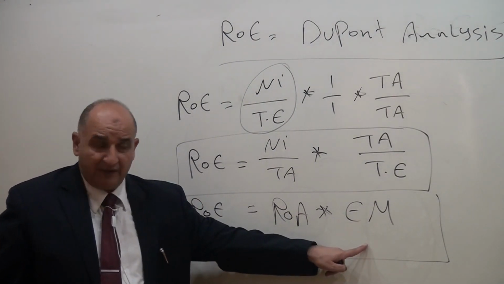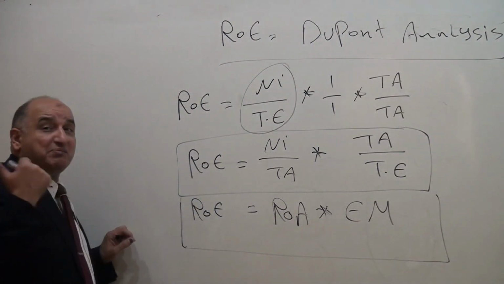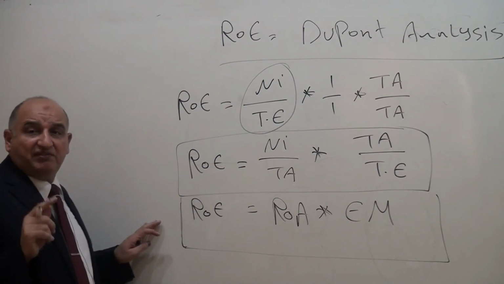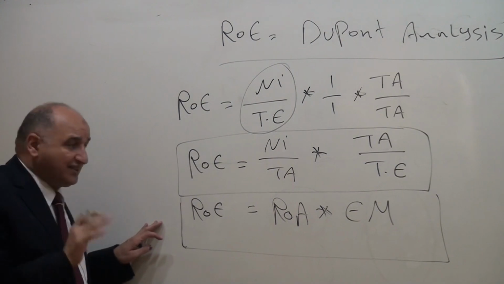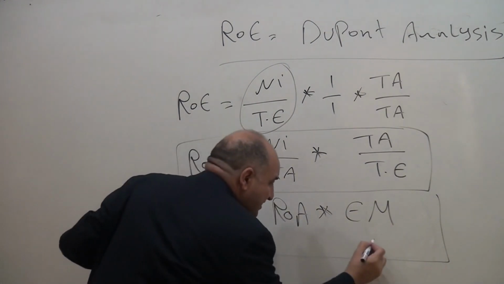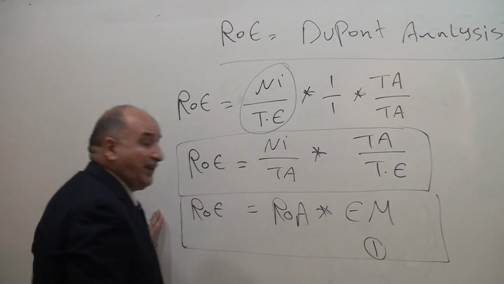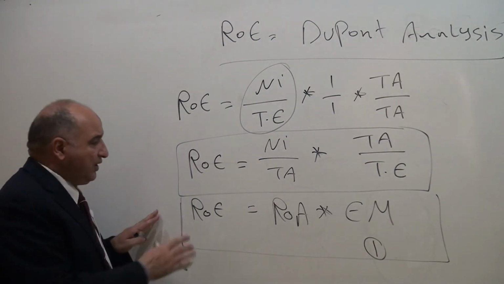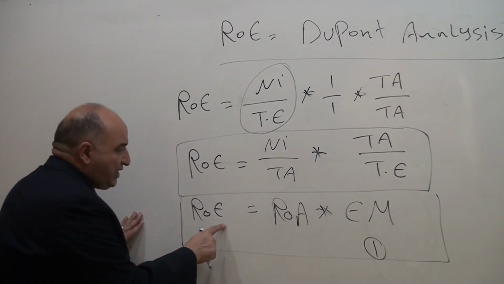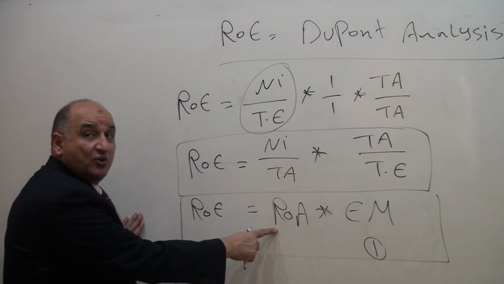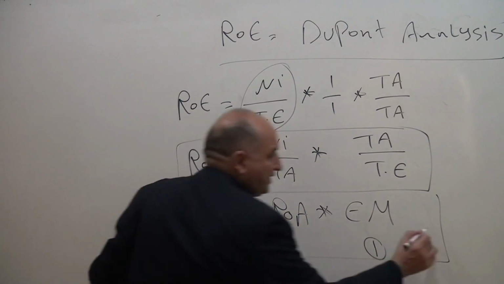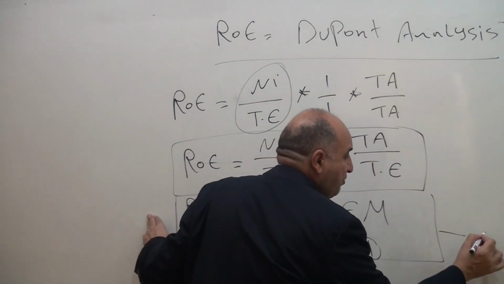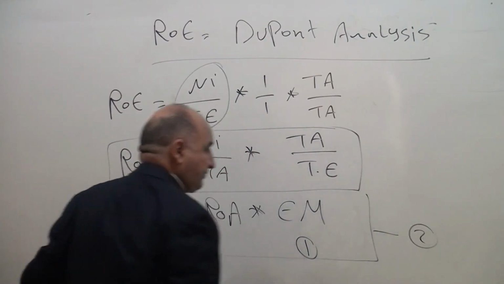And as you may remember, if the company is financed totally by equity and has no debt, in this case the equity multiplier equals 1. So in this case, ROE equals what? Equals ROA. Okay, so this is the second equation according to Dupont analysis.